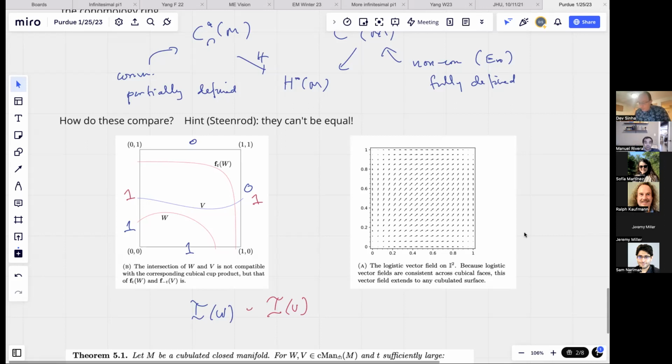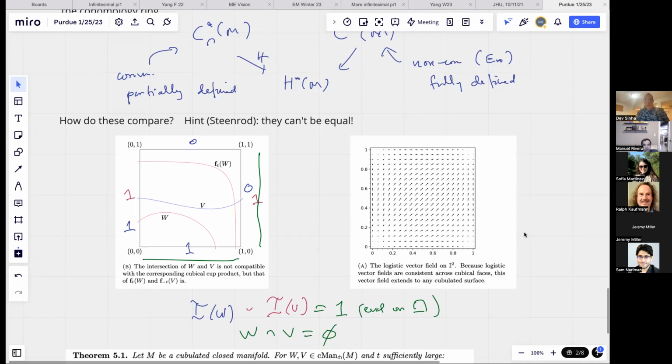So let me highlight them in green. This 1 followed by this 1. This is 1 when I evaluate on the whole square. So I of V cup I of W is 1, whereas W intersect V is empty. So its value on the square will be 0. So here's a little example that shows you this direct comparison map is not agreeing.